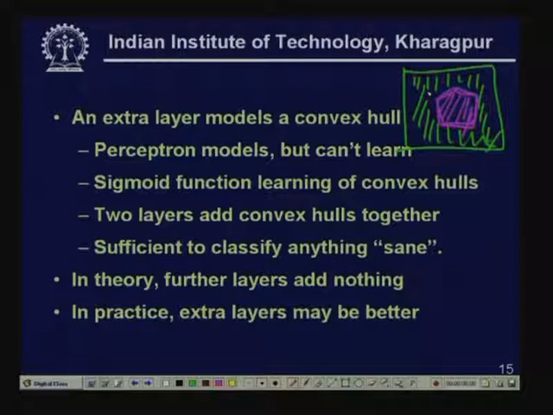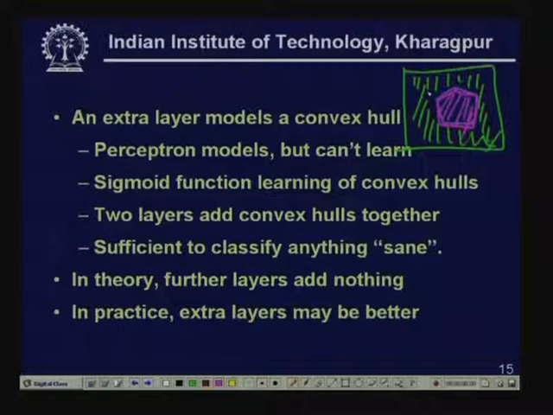Perceptrons, if we use a two-layered neural network comprising perceptrons, can model such learning problems. However, as we will see, perceptrons are not easy to learn using gradient descent. When we use a thresholding function, because the thresholding function is non-differentiable, we cannot use gradient descent if we are using perceptrons.